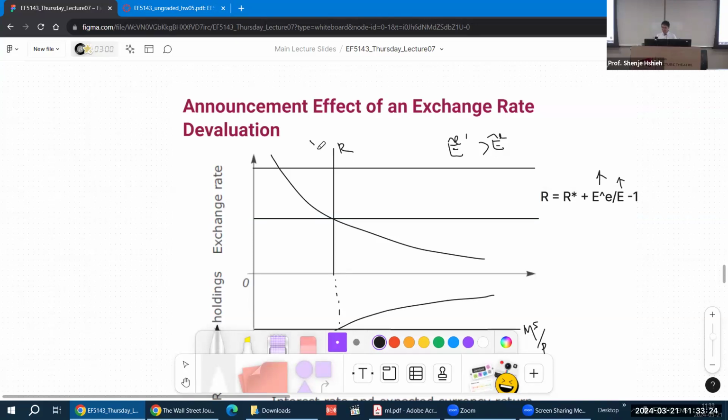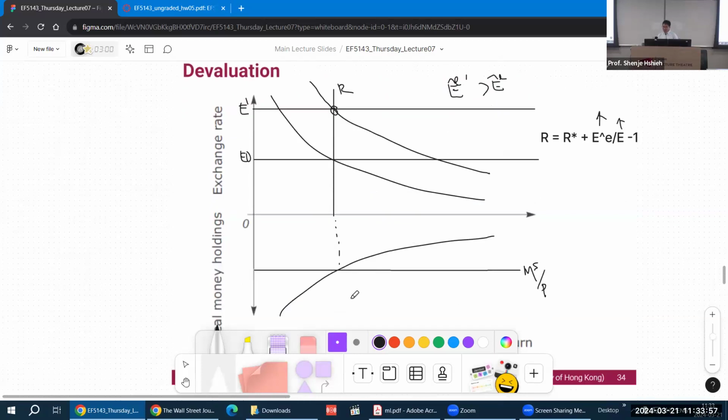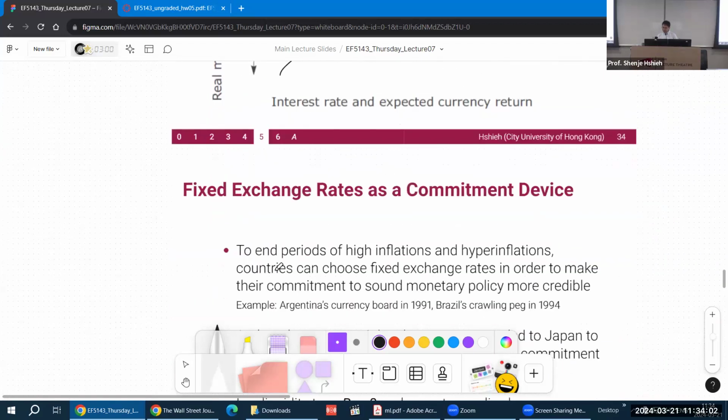So just the UIP curve shifting up, right? So you already have an effect, all else equal, coming from just the announcement. All right, I think that's clear.